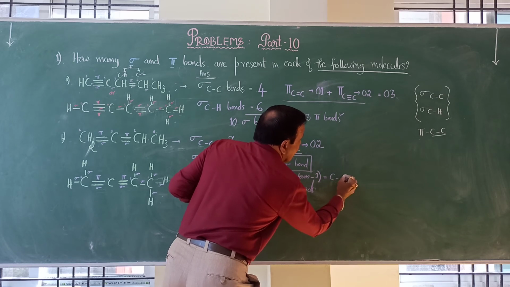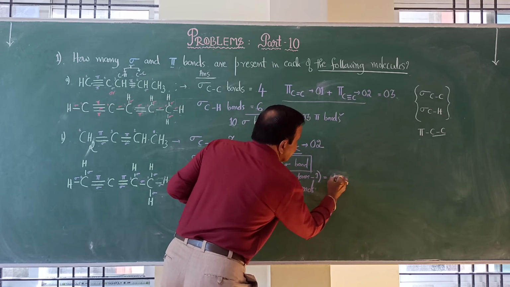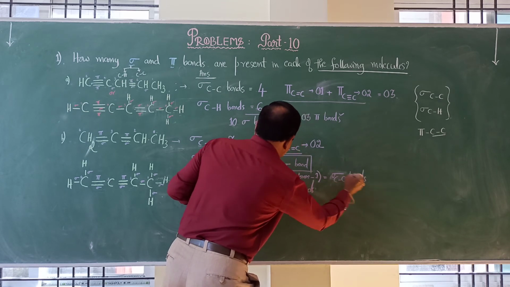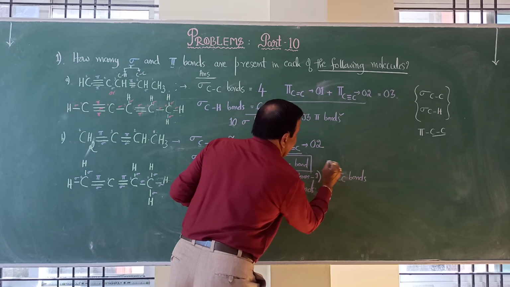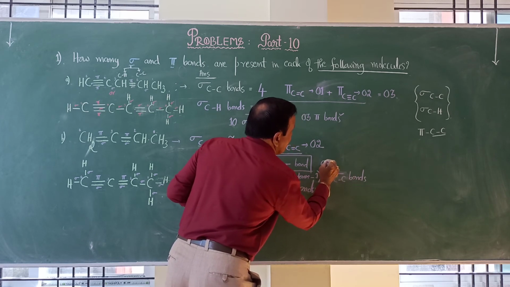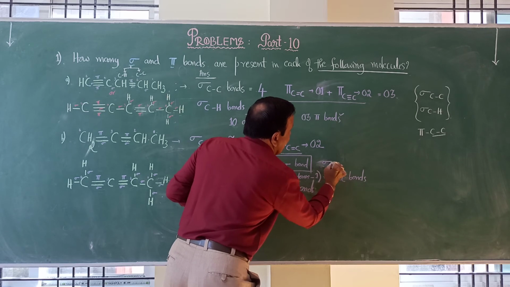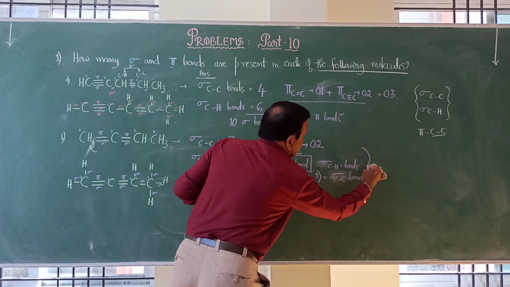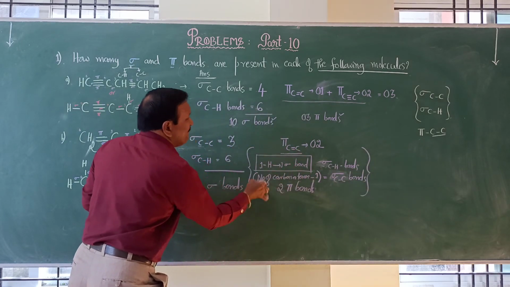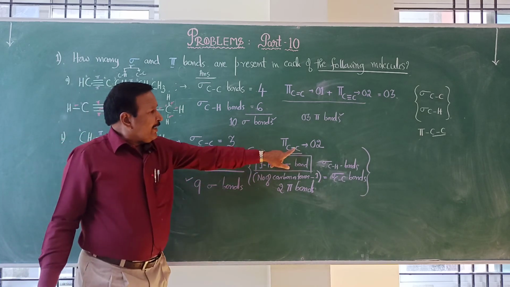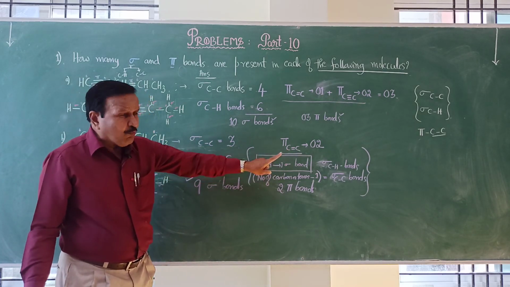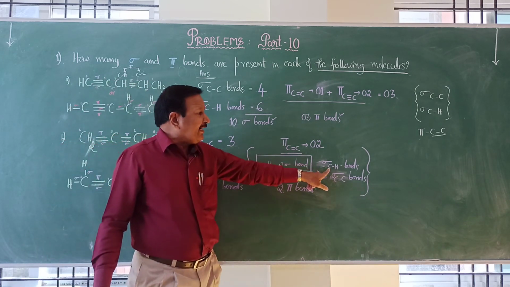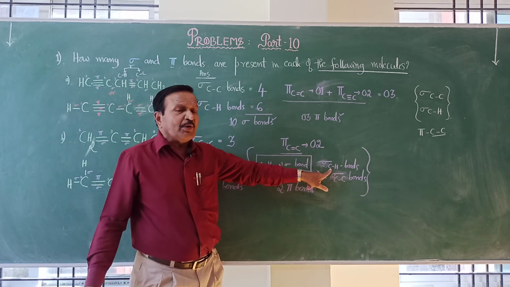And the number of hydrogens will give you the sigma carbon-hydrogen bonds. So this you have to remember, very simple. If 1 hydrogen is present, 1 sigma bond should be there. If 5 hydrogens are present, 5 sigma bonds, and they are carbon-hydrogen, because we are talking only about hydrocarbons.